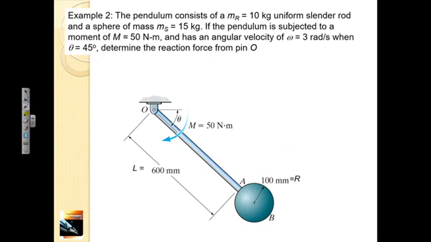I'm going to do this one. So this one's got a rod, and it's got a sphere at the end. We're given masses for both of these. So when I think about what's happening here, I got some mass at the center of this rod, where its CG location is, and I got some mass at this sphere. We got options.